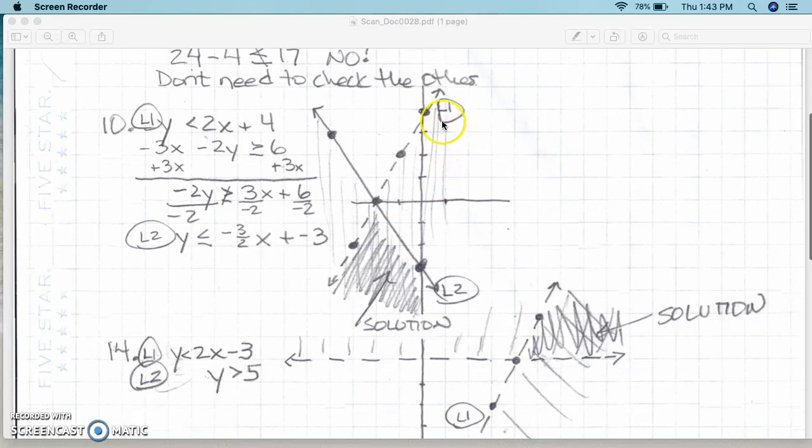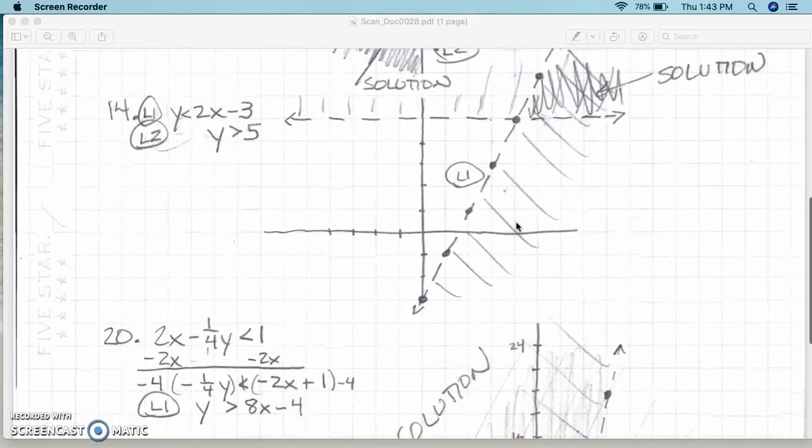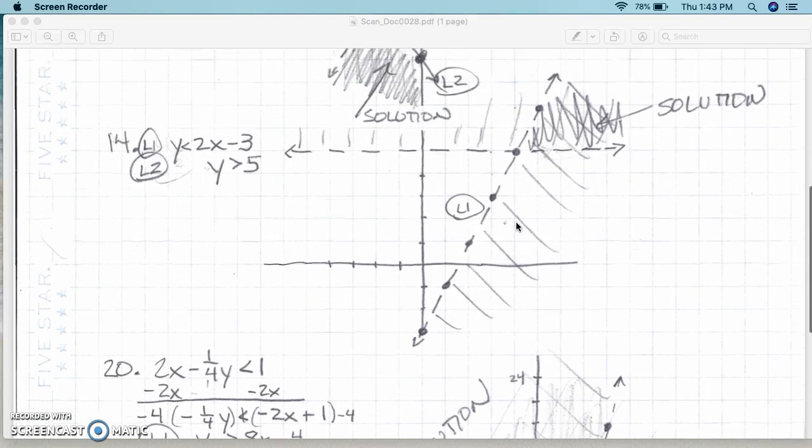I've marked line 1 and line 2 on all these so that you can see which line was which. Okay, let's go to 14. So here we have y is less than 2x minus 3. So graph (0, -3). Apply your slope, up to right 1. It's a dashed line because it's not or equal to.